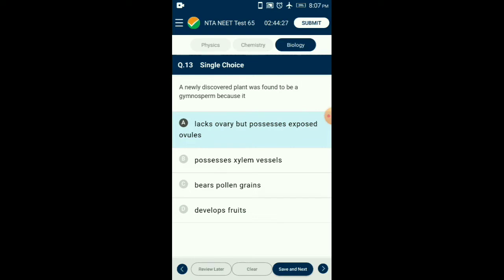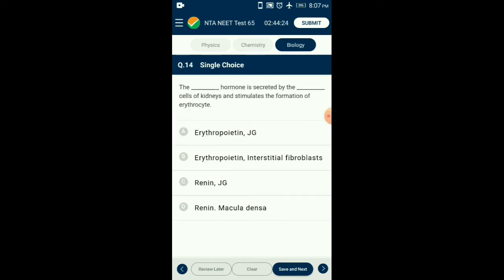Question number 14. So here two fill in the blanks are given. The dash hormone is secreted by the dash cells of kidneys and stimulates the formation of erythrocytes. Erythropoietin is a glycoprotein secreted mainly by the kidney in response to cellular hypoxia. It stimulates red blood cell production, generally called erythropoiesis, in bone marrow.